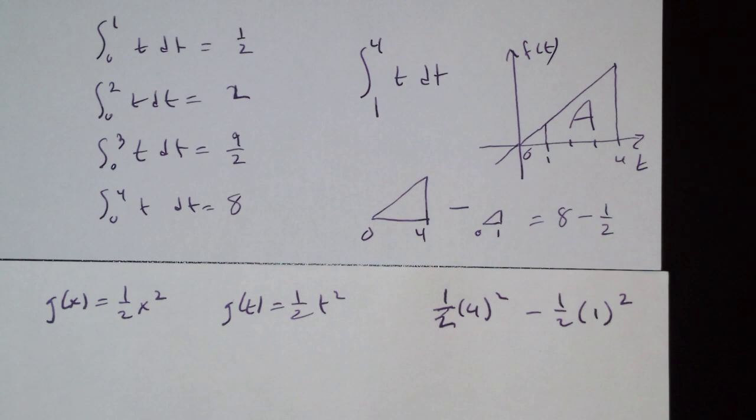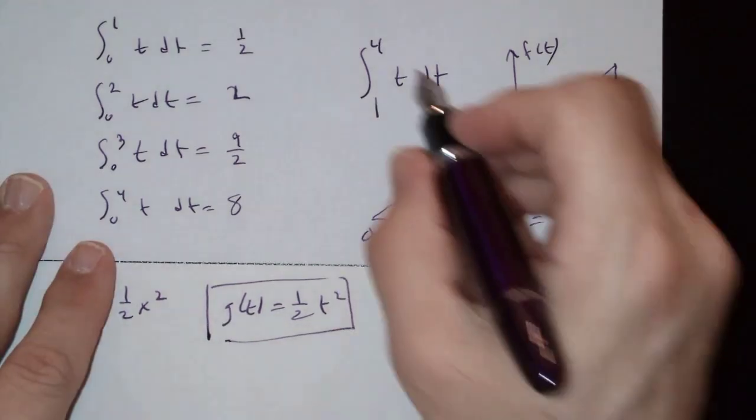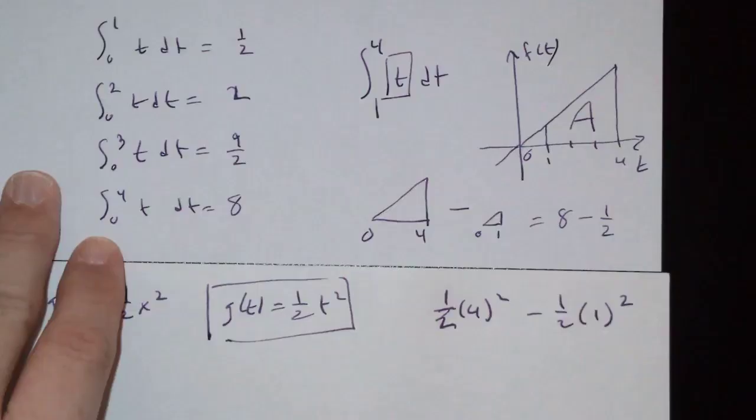That's going to give me the same number, 7.5. The first number is 8, the second number is 1/2. Subtract, I get 7.5. How does this function relate to that function?